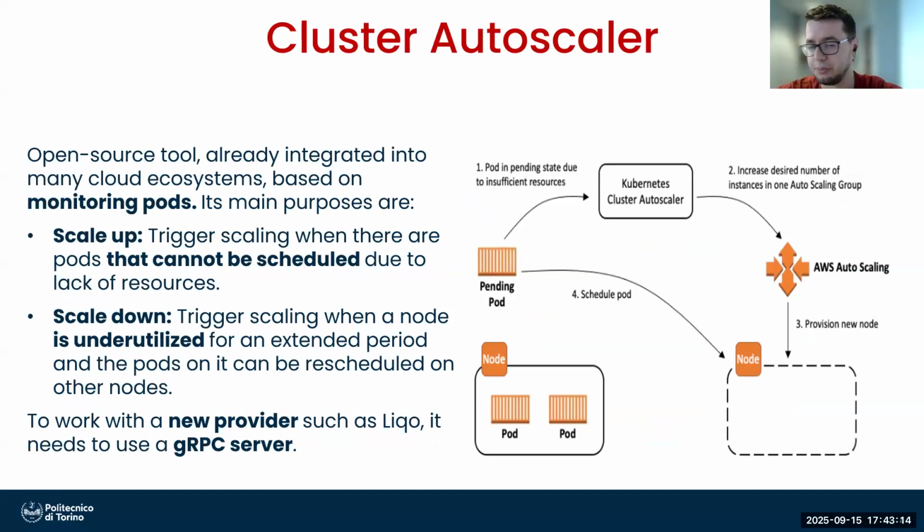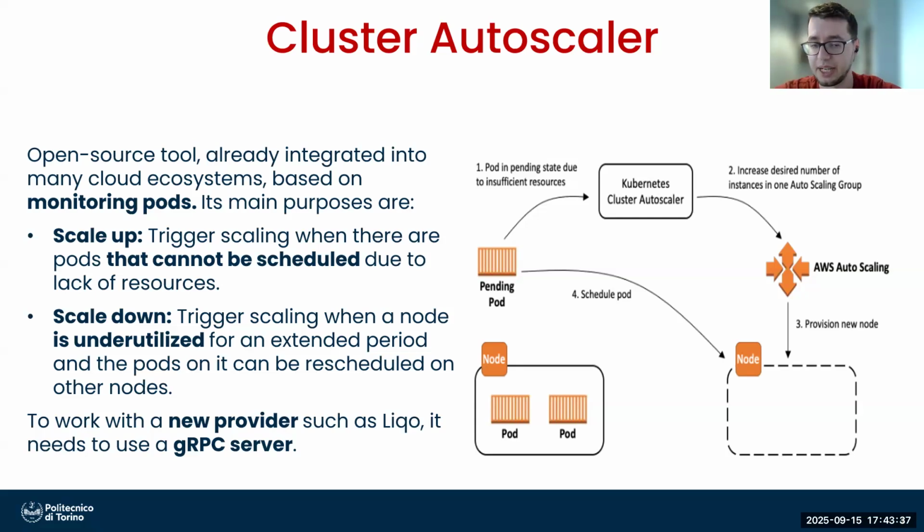So this is a major limitation for the cluster autoscaler open source software. And the cluster autoscaler is already integrated with many providers, but for new providers such as Liqo, it offers the possibility to integrate using a gRPC server acting as a bridge.